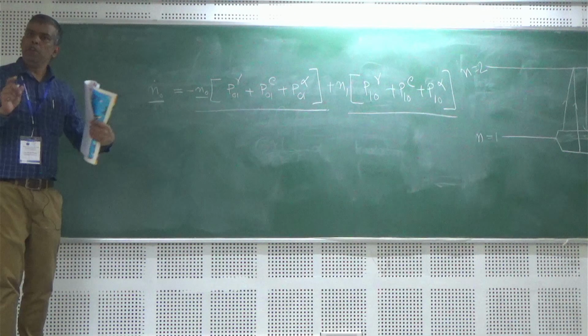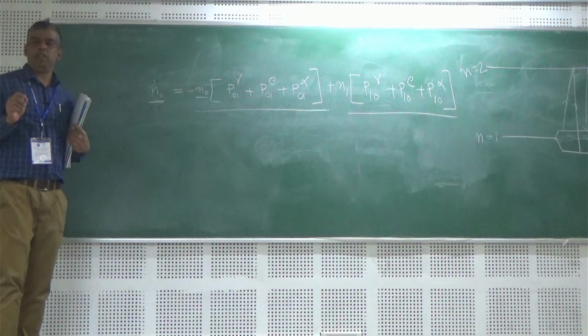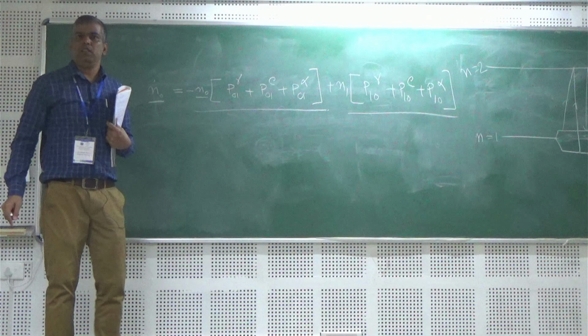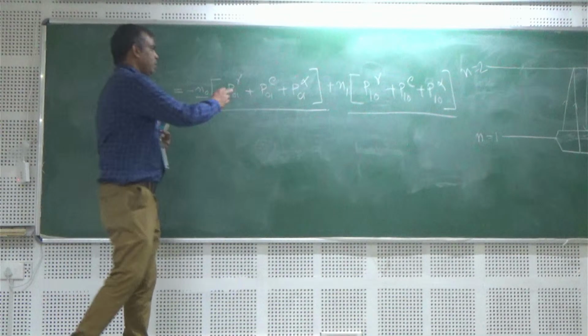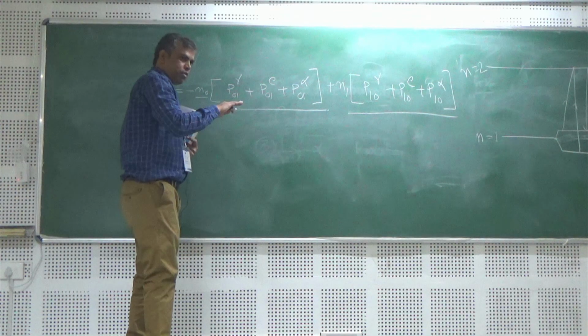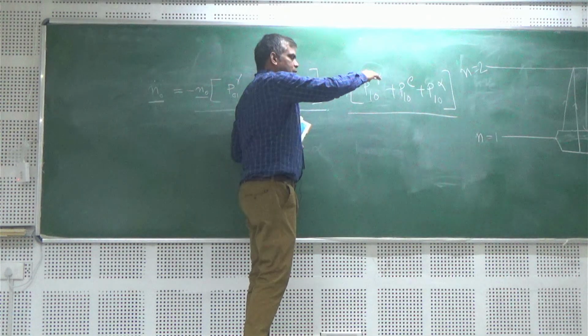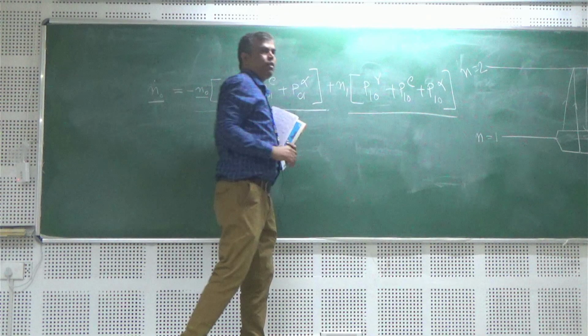Now in equilibrium, this number is 0. These two processes balance each other. So the number going from down to up is the same as the number coming from top to down.